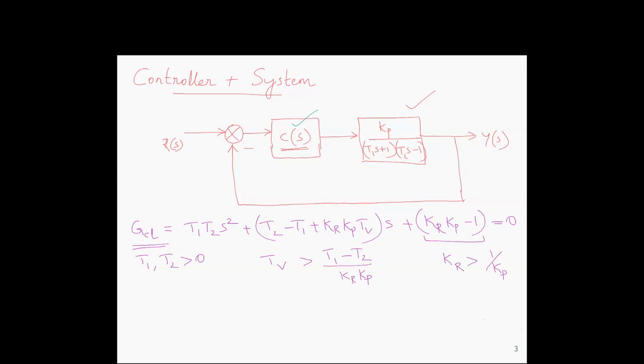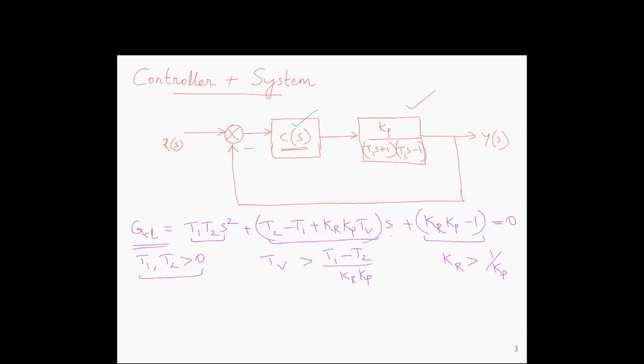Now, these are the three conditions. After simplification of the characteristic polynomial, I get the terms like this for S square, S, and the constant. All these three terms should be positive to satisfy the sufficient condition to stabilize the system. So T1, T2 greater than 0.